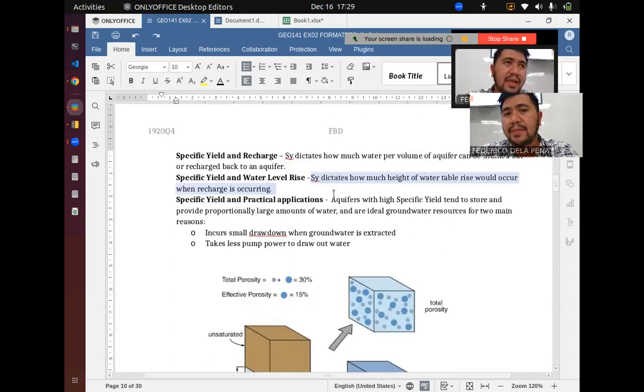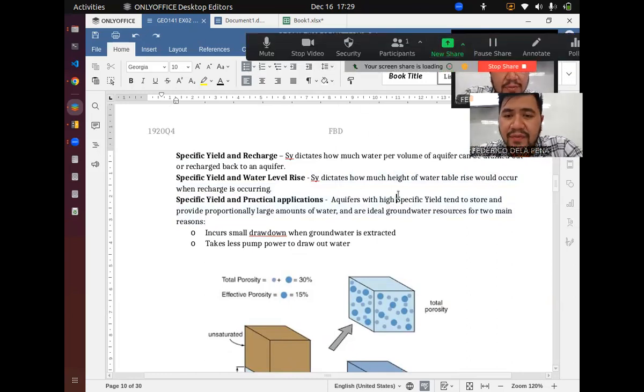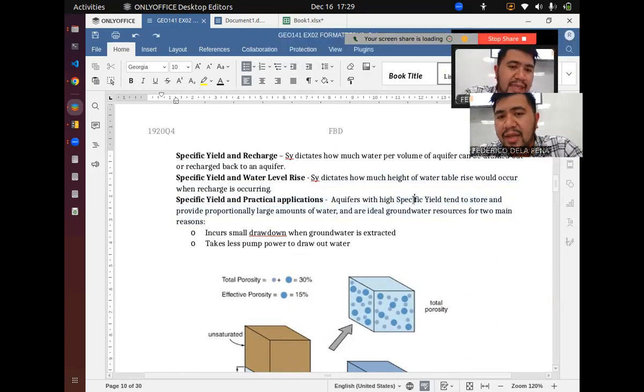The practical application is that when you have an aquifer with a high specific yield, you have a lot of water stored in it. Once you start extracting water from it, you only need to lower the water table by a little bit to be able to get some water.